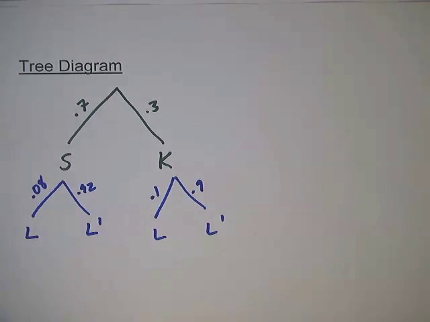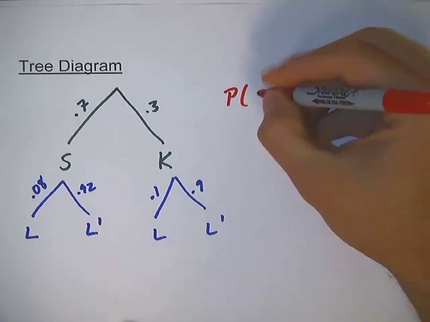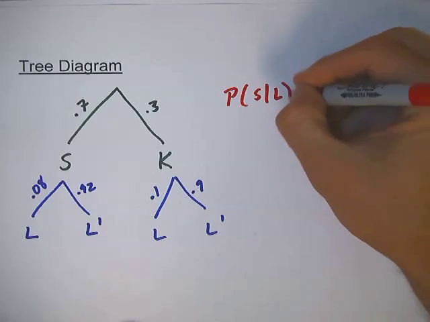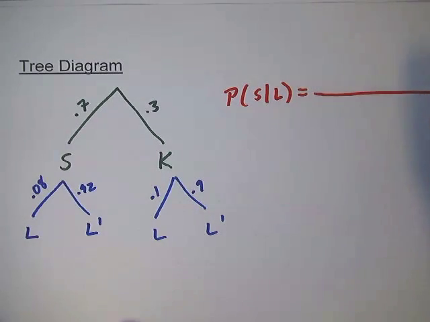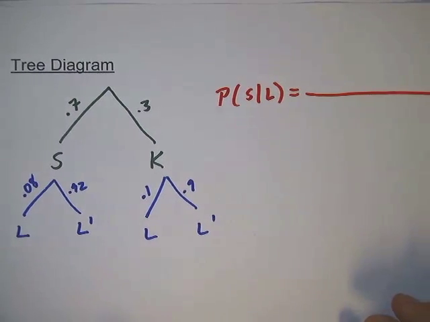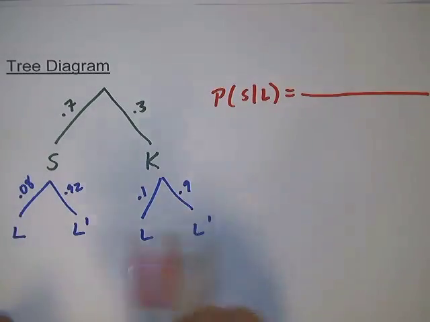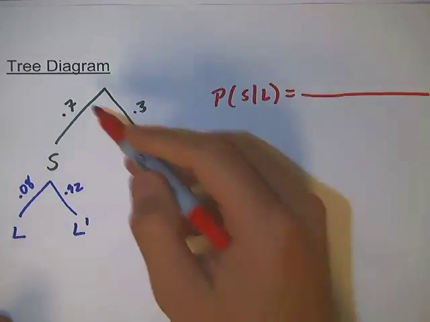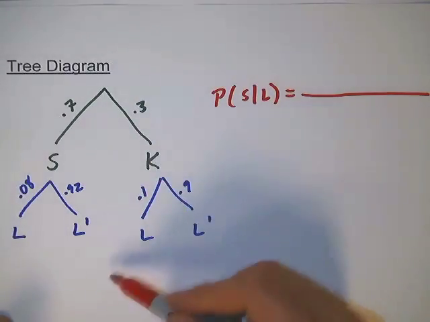Okay, so again, we're trying to figure out the probability of Speedy given late. This is a conditional probability. The first thing we need, generally, when we find a conditional probability, is the probability of late. The probability of a package being late has two different outcomes: this outcome, Speedy and late, and this outcome, Quick and late.